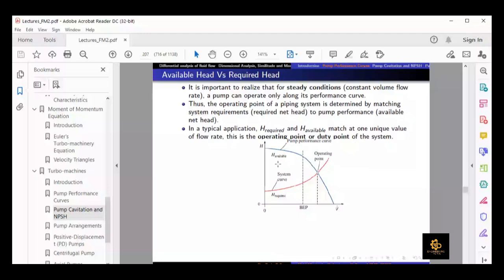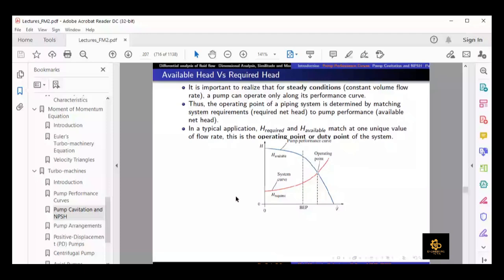There is another curve here which is the required head of the system. The required head is due to the losses in the piping system and due to the components. These are the losses which we also covered in chapter 8, internal flows. If you remember that discussion and calculation of major head loss and minor head loss: major head loss was due to friction, equal to f l upon D, and minor losses depend on the loss coefficient K_L for each component in the piping system.